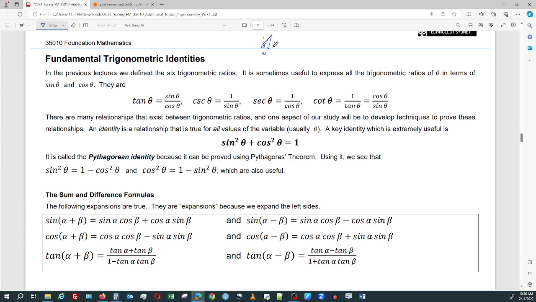So our associations lead us to sine theta is equal to y, and cos theta is equal to x. And that's the difference, isn't it? We've got alternative names for y and x.